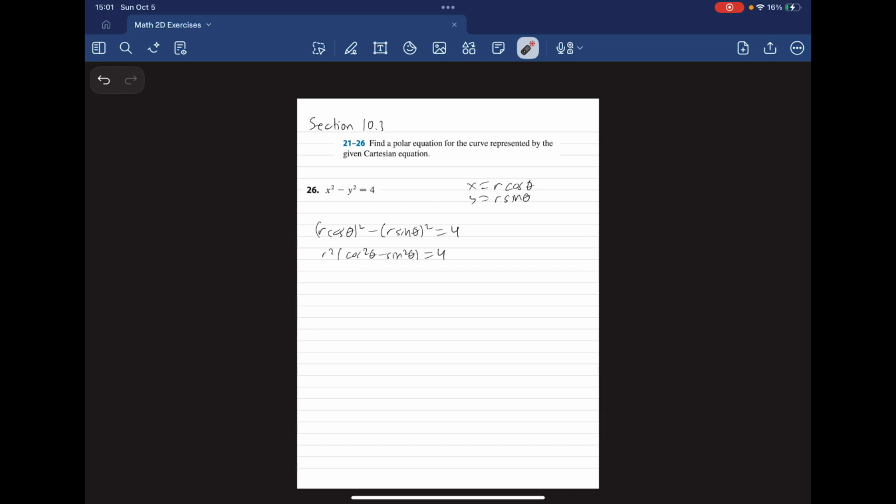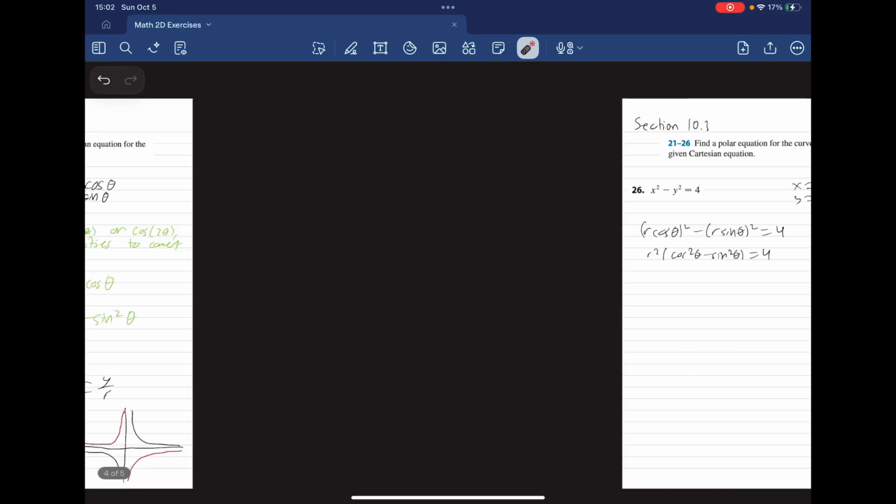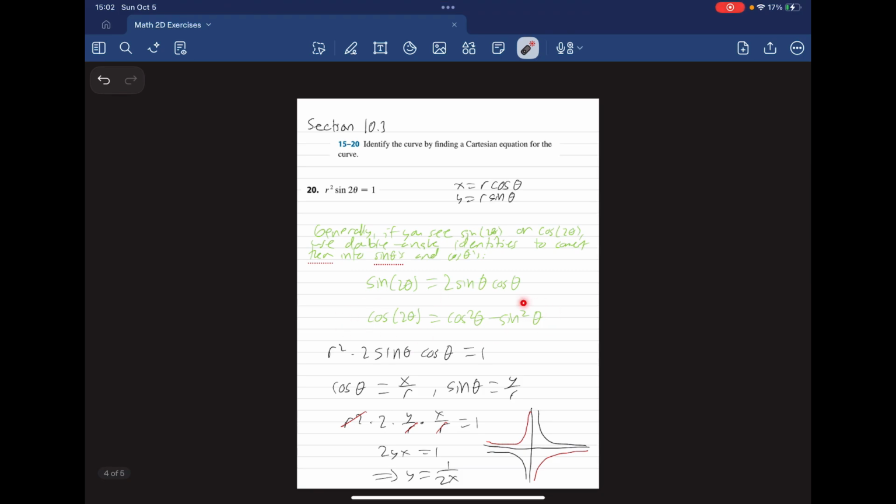Now, technically, this is already a polar equation, so we could call it quits here and just be done with it. But on an exam, you might be expected to simplify wherever possible, and here we can actually do that. So you might recognize this expression here as the thing that appears for the double angle identity for cosine, which I'll remind you is this.